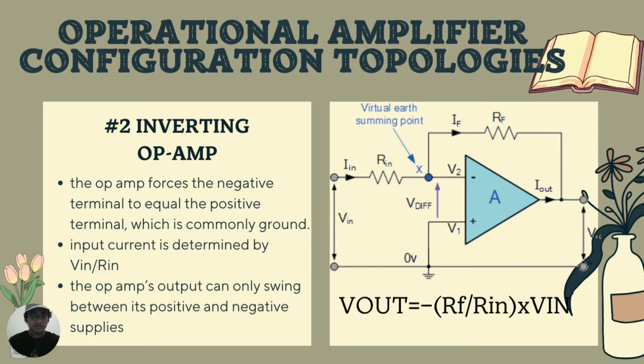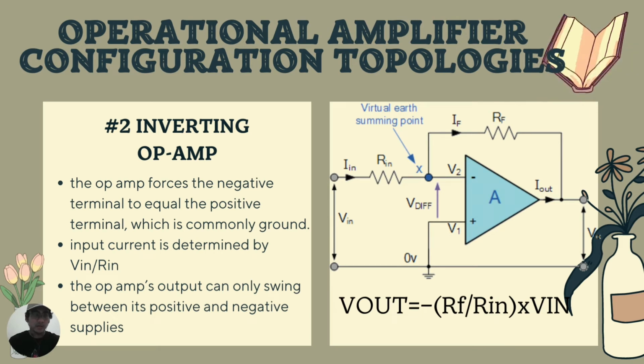Ideally, current does not flow into the operational amplifier negative terminal due to its high Z in. The current flow from the negative terminal to RF creates an inverted voltage polarity with respect to V in. This is why these op-amps are labeled with an inverting configuration.